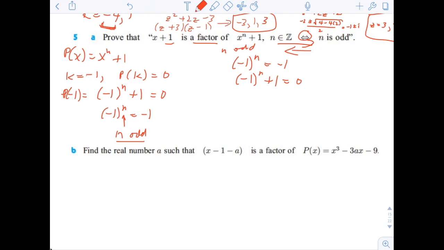We have the polynomial x to the n plus 1 with n odd, then if we put in negative 1 there, we get 0, and that implies that x plus 1 is a factor of that polynomial, right? We just went in a reverse direction.